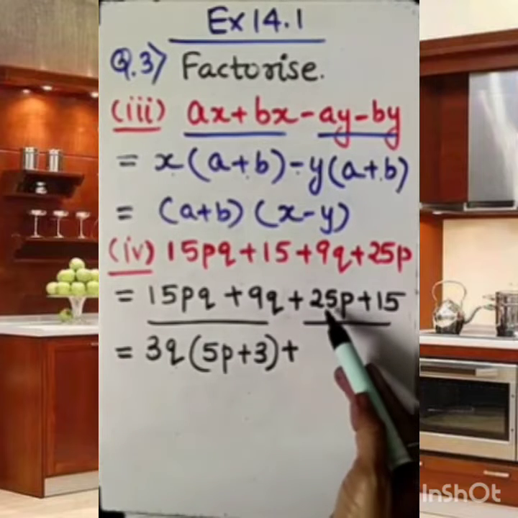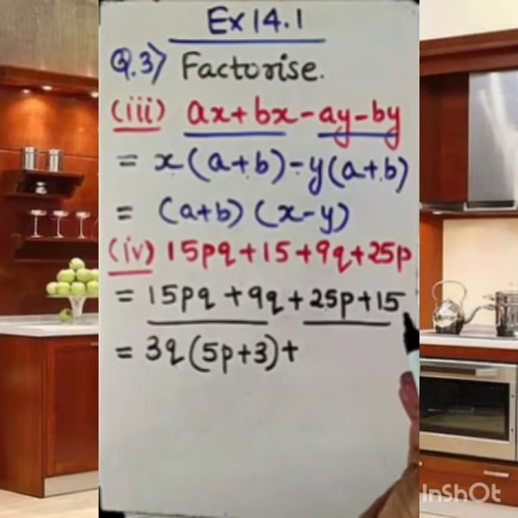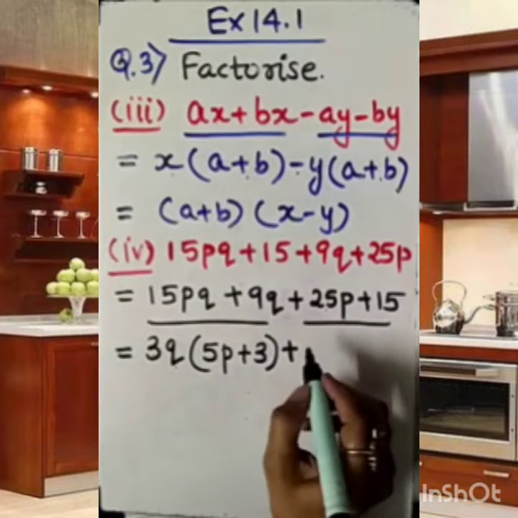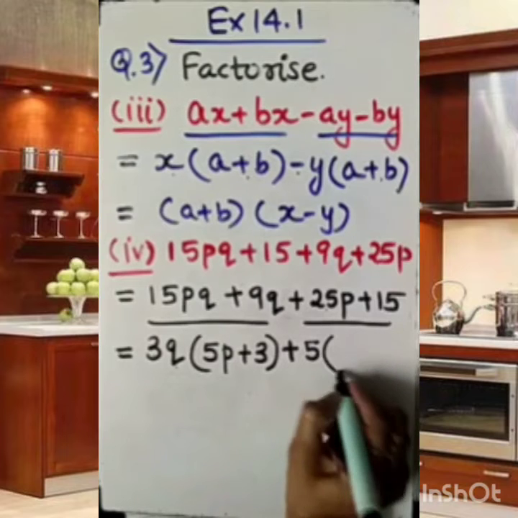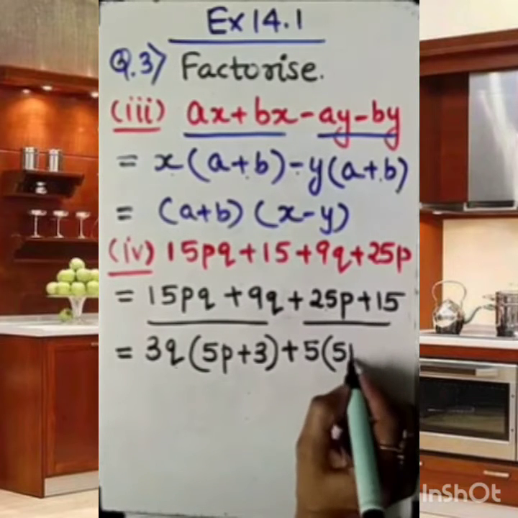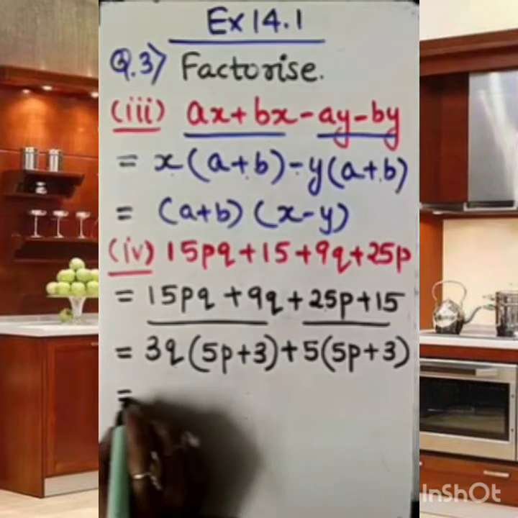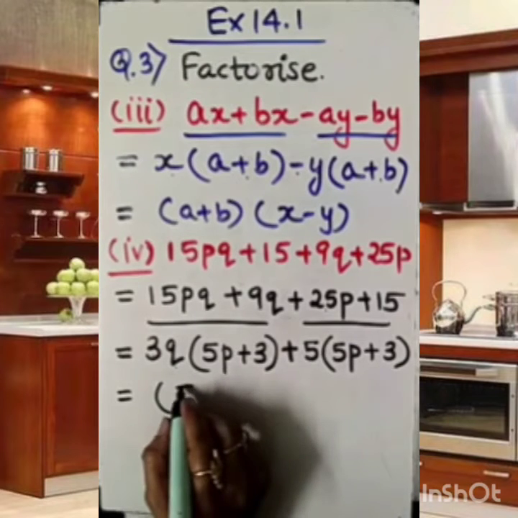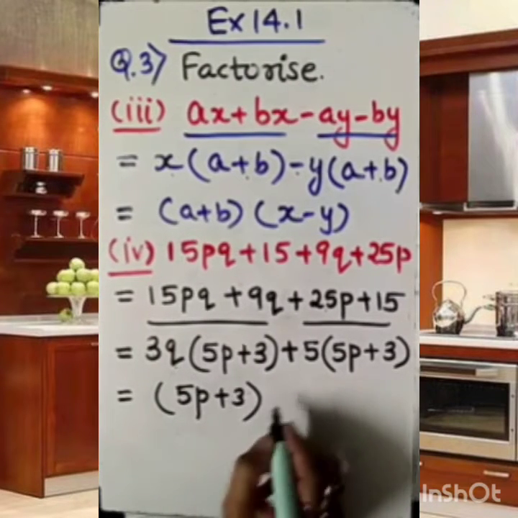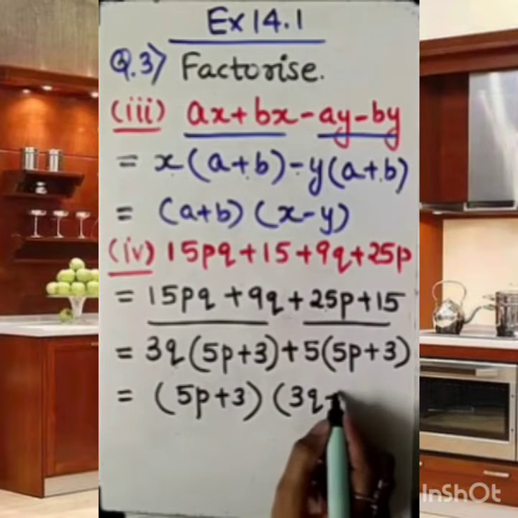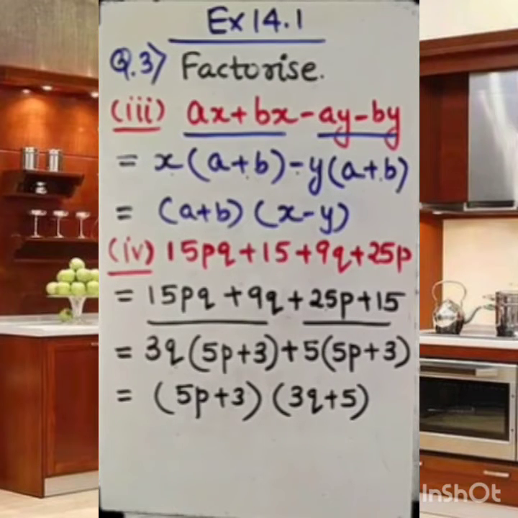The factors of 25 are 5 into 5, the factors of 15 are 5 threes. So 5 is common in both of these terms. 5 fives are 25, 5 threes are 15. So here 5p plus 3 in one bracket, and in another bracket, 3q plus 5. So these two are the factors of the given expression.